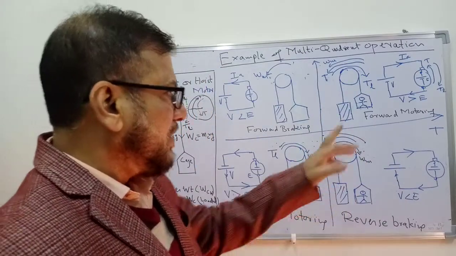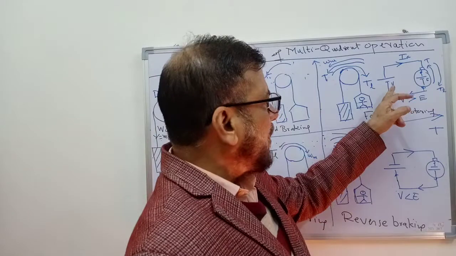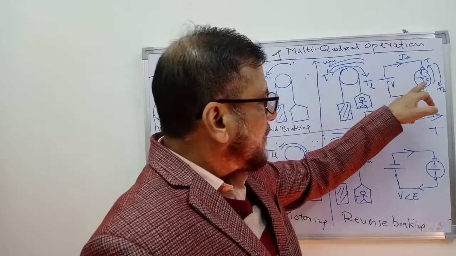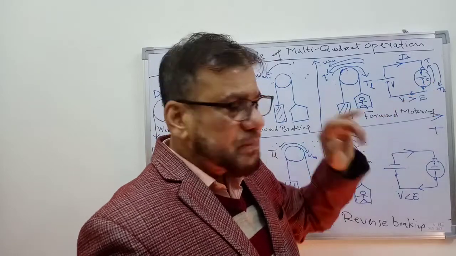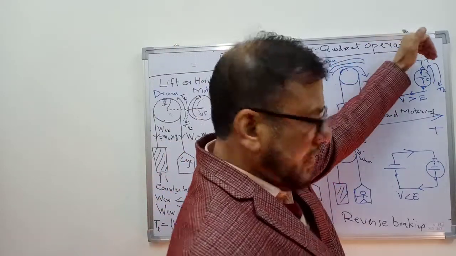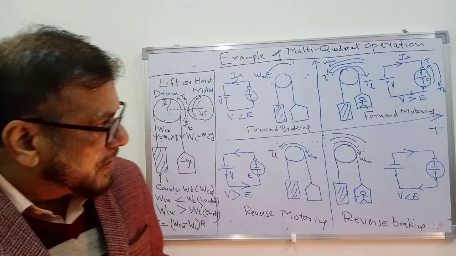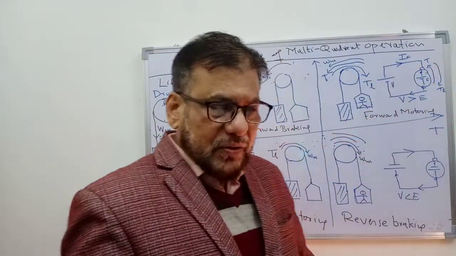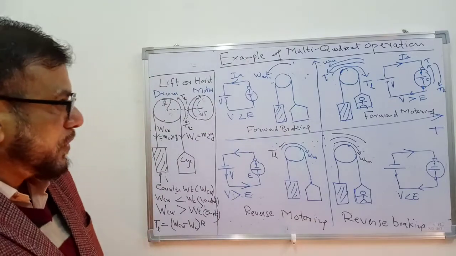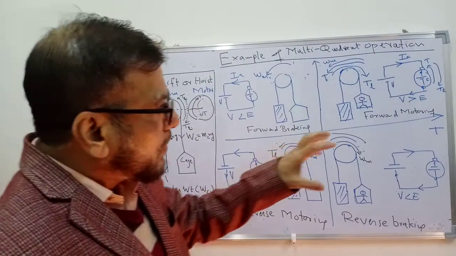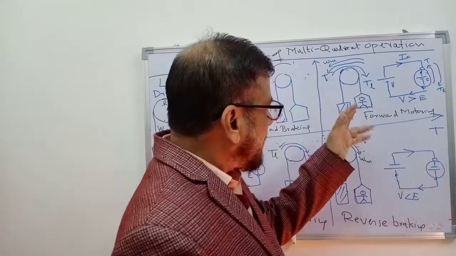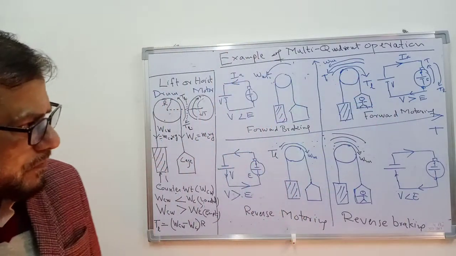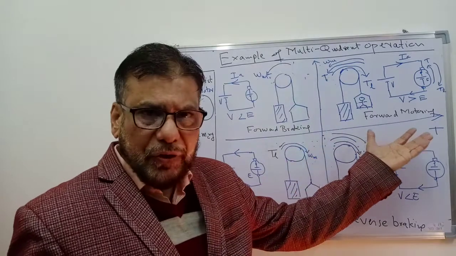If the motor is a DC motor, then you have to maintain this type of situation, that the applied voltage is more than the back EMF, so that the current flows in the positive direction. The energy is released from the source and absorbed by the system, by the motor, and the motor produces the mechanical energy required to move the cage in the upward direction. So that is forward motoring operation.